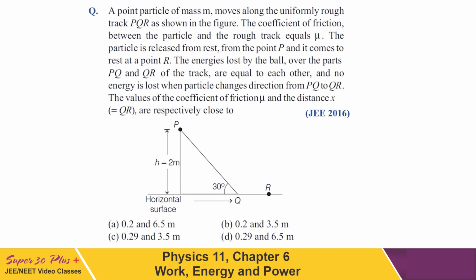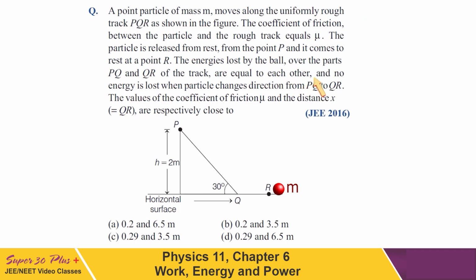Now in the next question, we have a situation: a point particle of mass m moves along the uniformly rough track PQR as shown in the figure. The coefficient of friction between the particle and the rough track equals mu. The particle is released from rest from point P and it comes to rest at point R. The energies lost by the ball over the parts PQ and QR of the track are equal to each other.